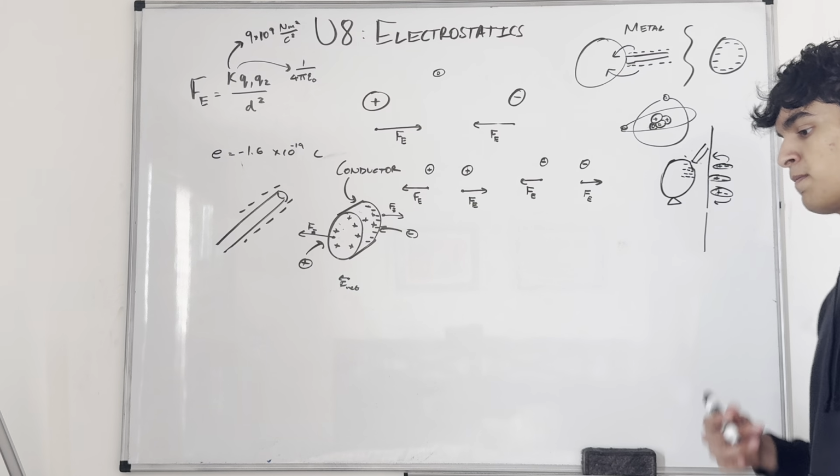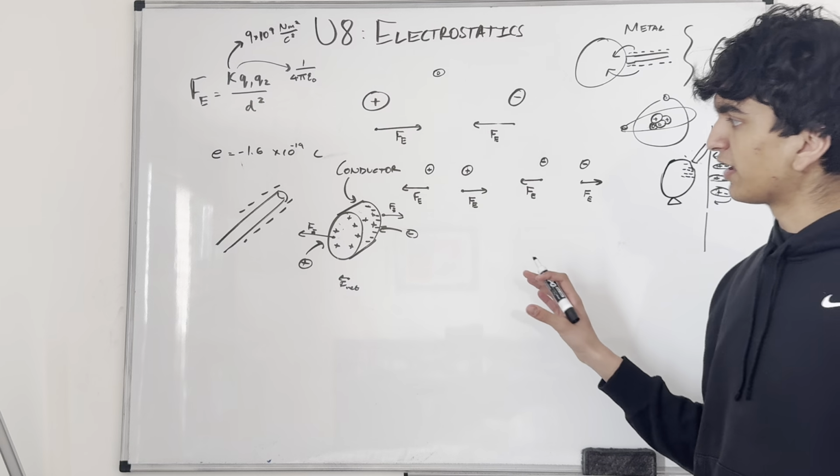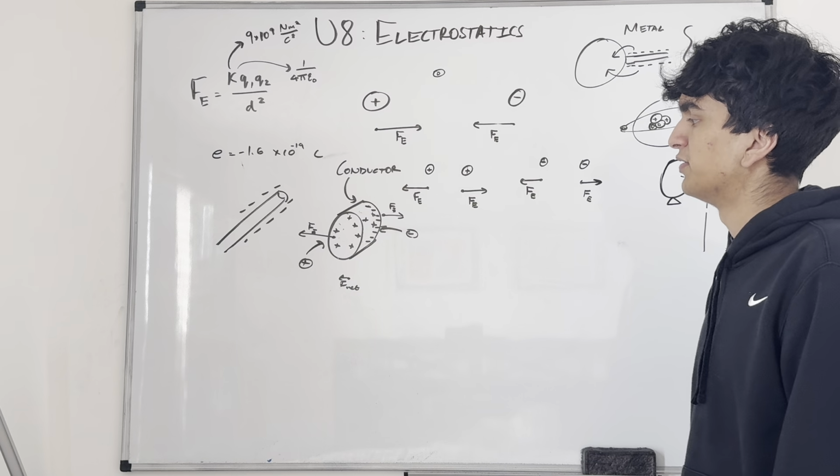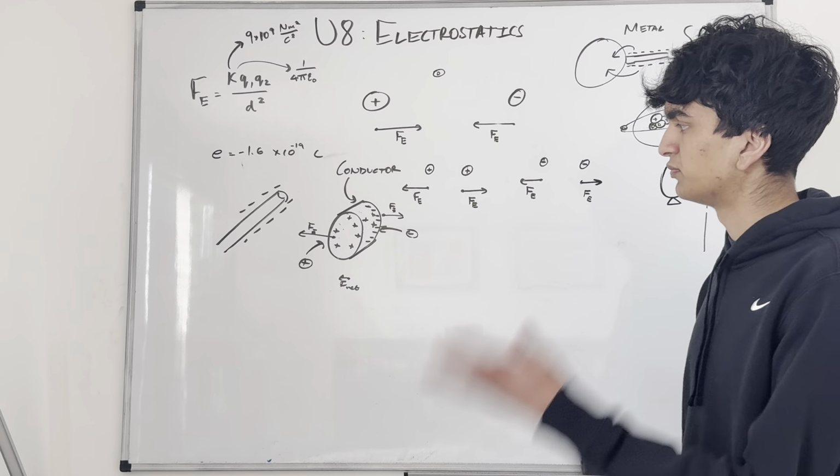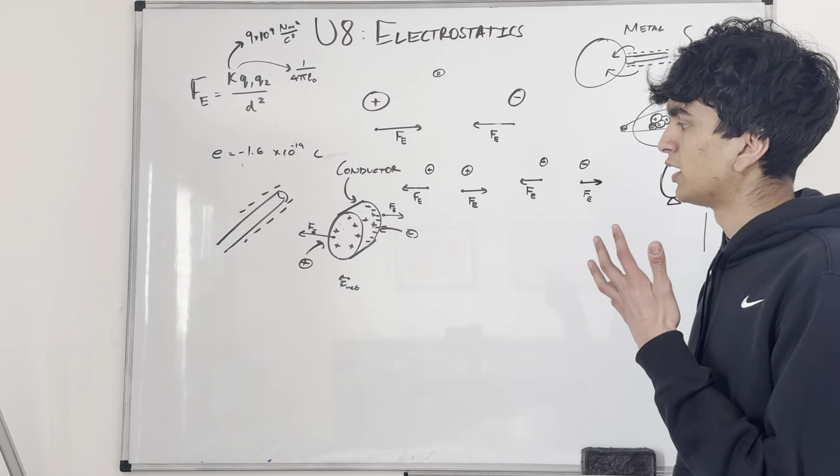So grounding, you know, these negatives are kind of wanting to get away from the negatives from the rod, right? Well, how nice would it be if they had a little escape route to get away from the negative rod as far as possible? Well, hey, that's what a ground does. So I can take a wire, or really any conductor, right?